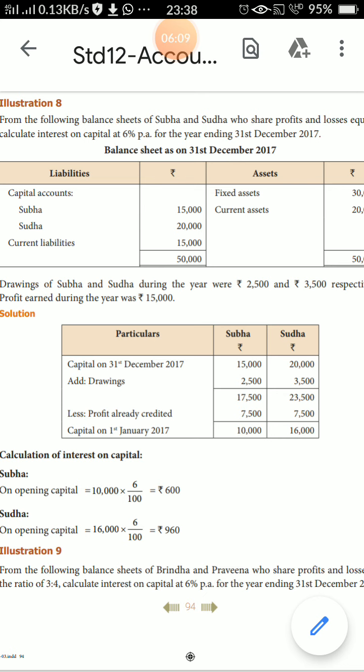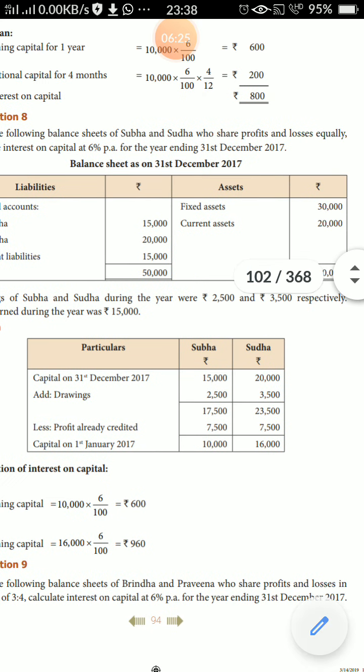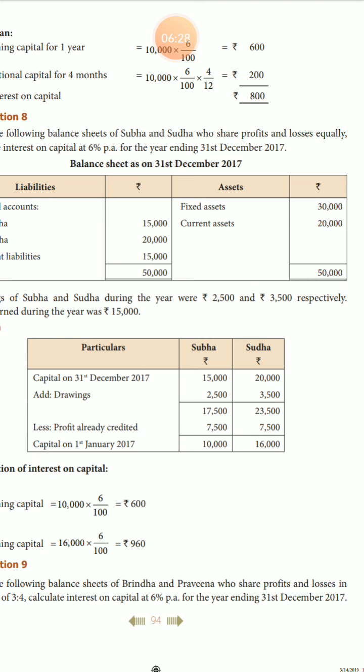Listen, students, profit and loss are shared equally, so the 15,000 rupees shared equally means 7,500 for Subha and 7,500 for Sudha. Less that: 17,500 less 7,500 means the answer for Subha is 10,000.